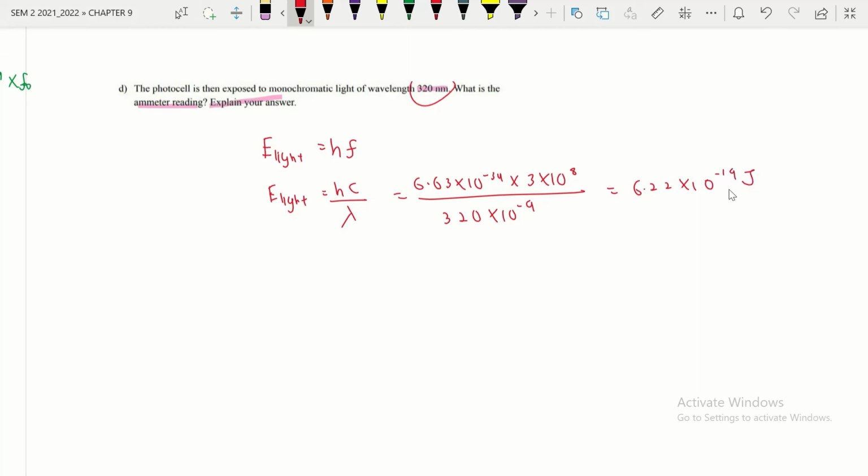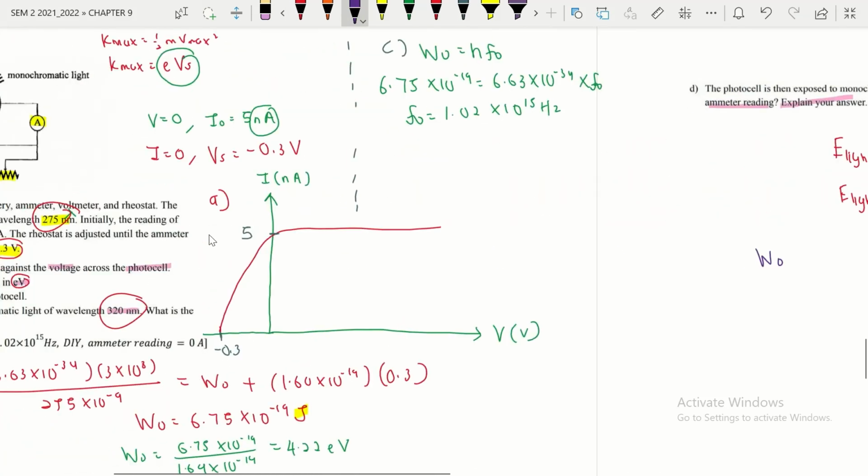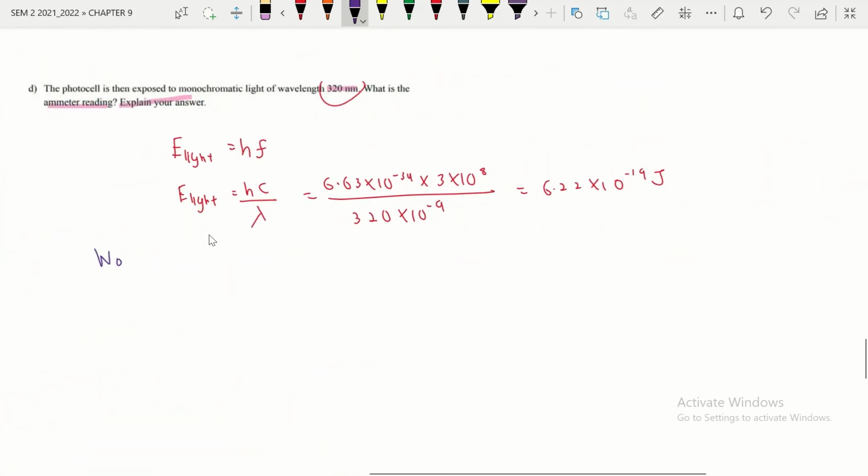Okay, now do you think photoelectrons are emitted or not? Look at your work function answer from earlier. Our work function is 6.75 times 10 to the power of negative 19 joule, and this is the energy of our light. The energy of light when the wavelength is 320 nanometer is 6.22 times 10 to the power of negative 19 joule.